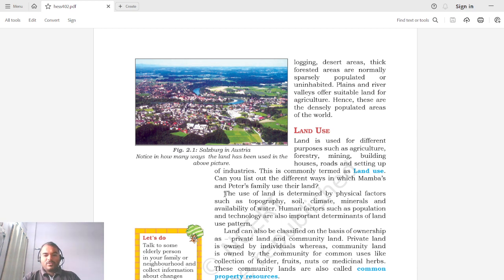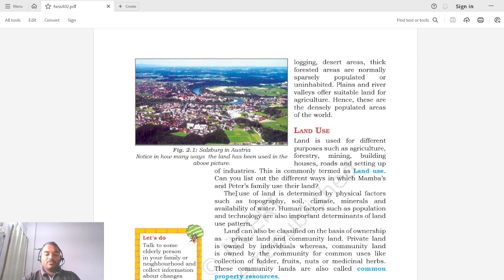So let us move. The use of land is determined by physical factors such as topography, soil, climate, minerals, and availability of water. So on what factors will the use of land depend? Whether it will be used for agriculture or forestry or mining or building houses or roads or for industries, right?